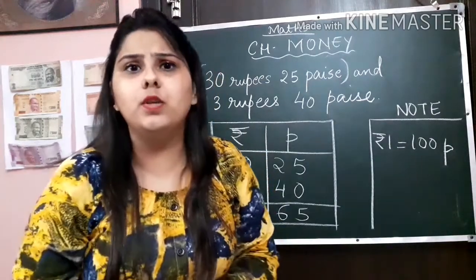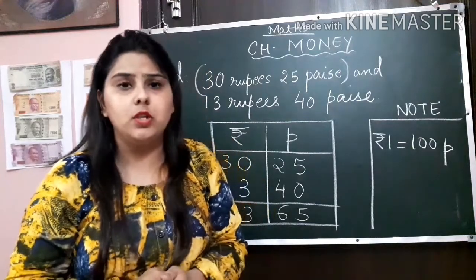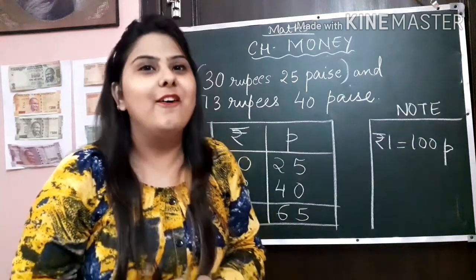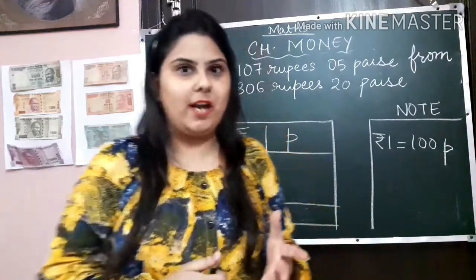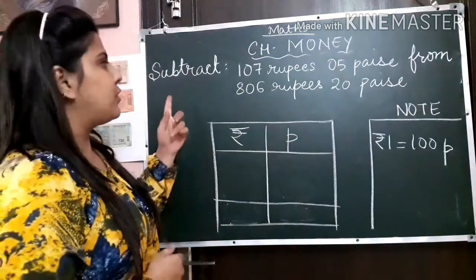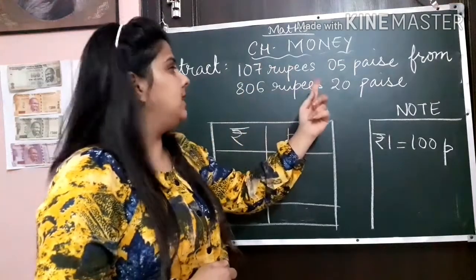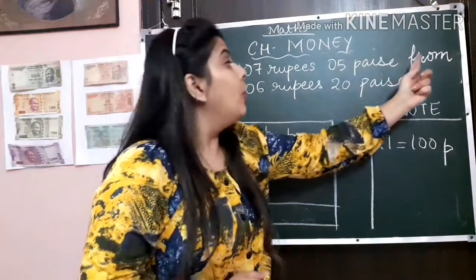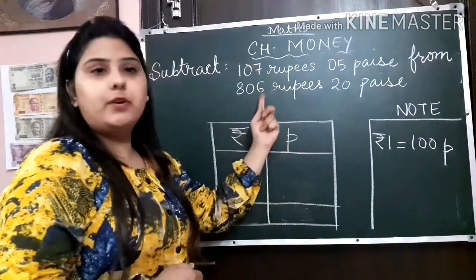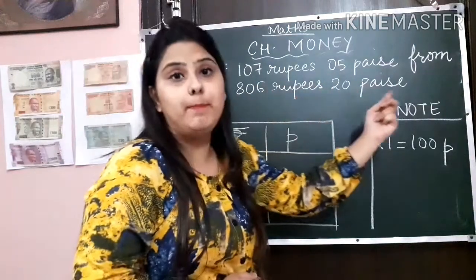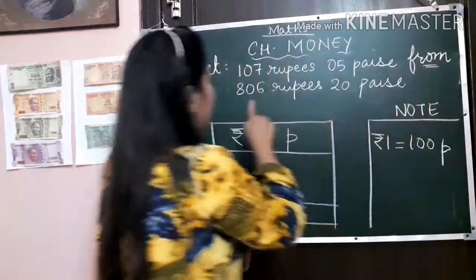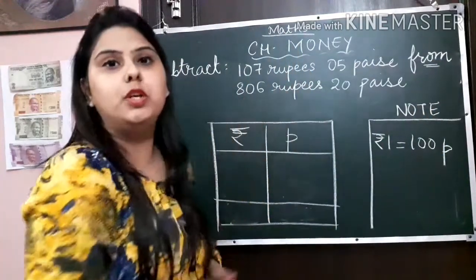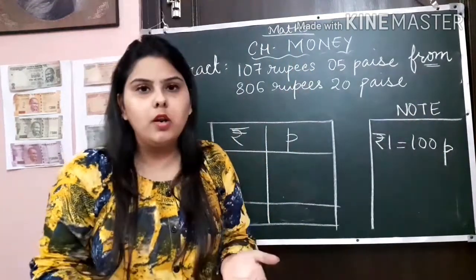Now moving on to the subtraction of amounts. So are you up for it? Very good. Now let us begin with another example of subtraction: subtract 107 rupees 5 paise from 806 rupees 20 paise. Whenever you see the word from, it tells us that from the bigger amount you need to subtract the smaller amount.